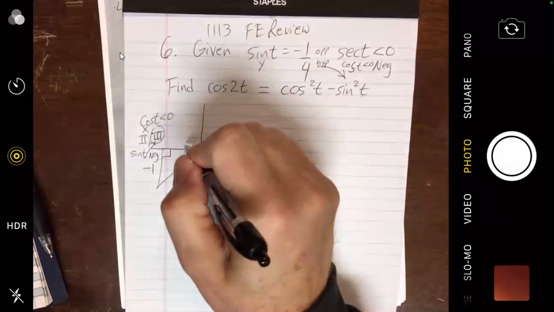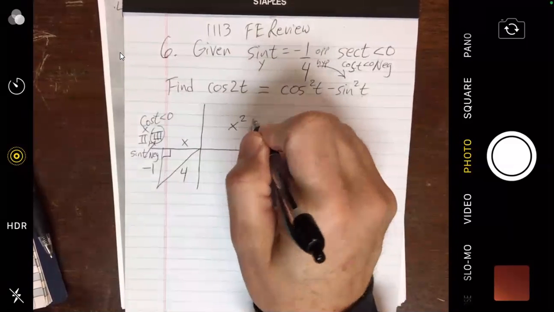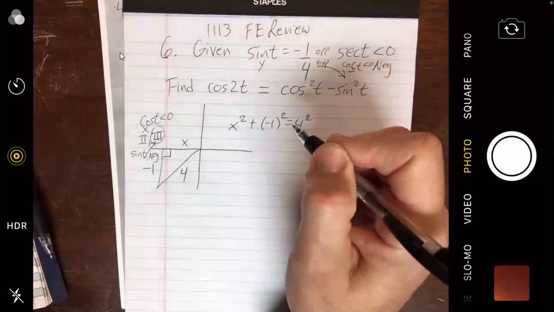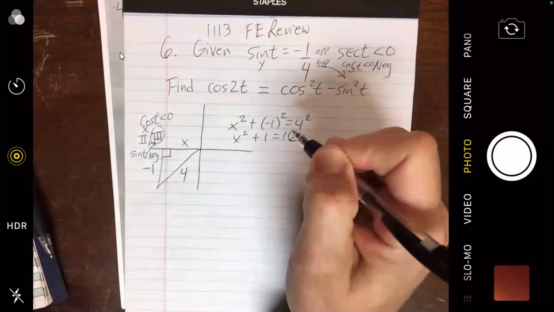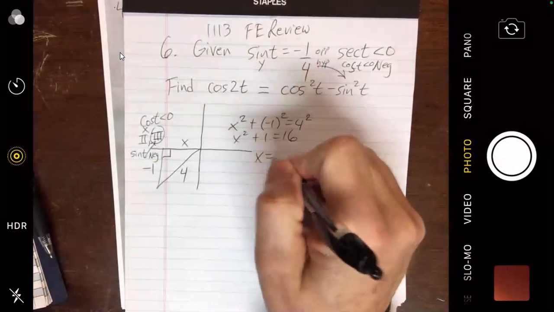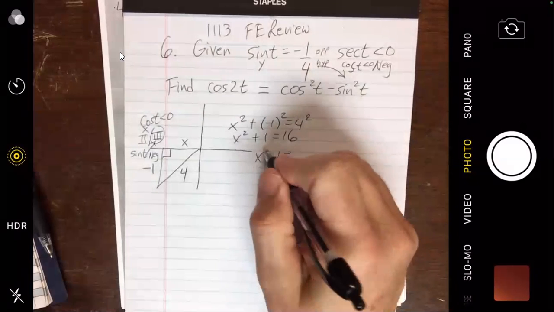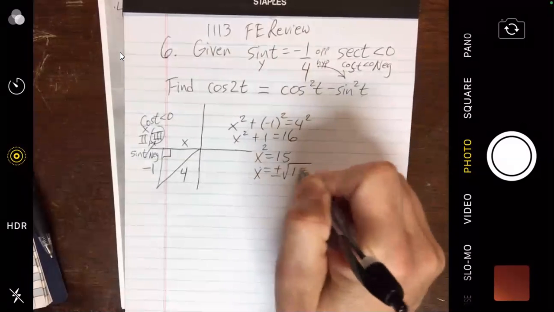And then your x leg here, I don't know if you need to see the algebra: x squared plus -1 squared equals 4 squared. So x squared plus 1 equals 16. x squared will equal 15 when you subtract 1 over. x will equal plus or minus the square root of 15.